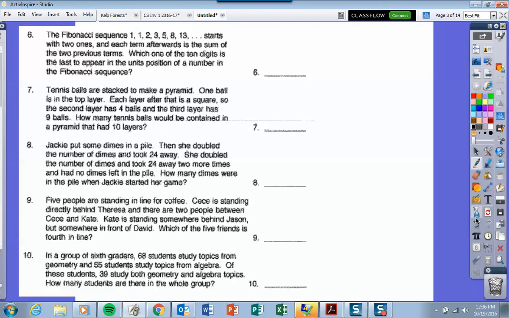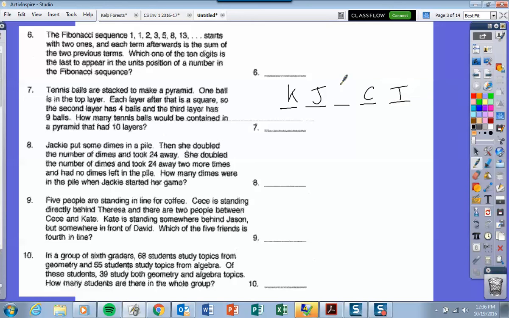Well, I'm just going to go ahead and give myself 5 positions they could stand. As I go through, I'm just going to start guessing and checking some things. I can go ahead and say, well, can I try this? Does that work? No, it doesn't work, because I see that CC has to be behind Teresa, and there are 2 people between CC and Kate.